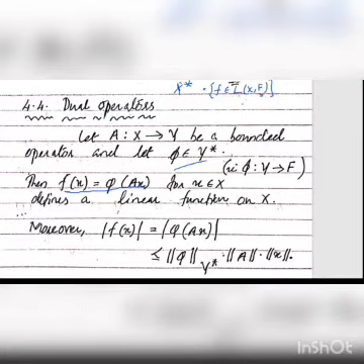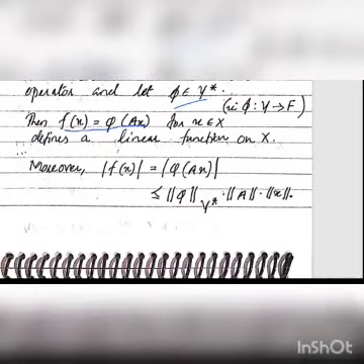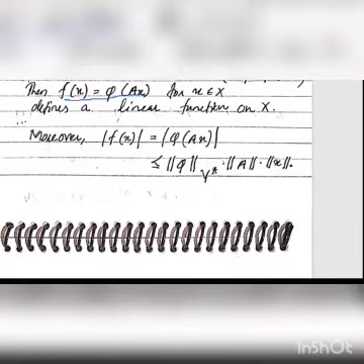Now we want to prove that this is bounded. For that you take norm of f of x. So norm of f of x is equal to modulus of f of x, that is modulus of phi of Ax. So this value is less than or equal to, we can split, norm of phi in Y star into norm of A into norm of x. This we can do in two steps, but I have done it in only one step.